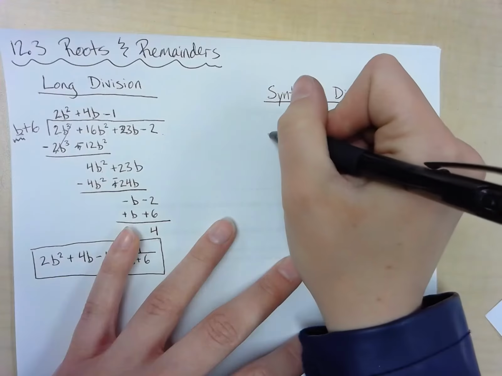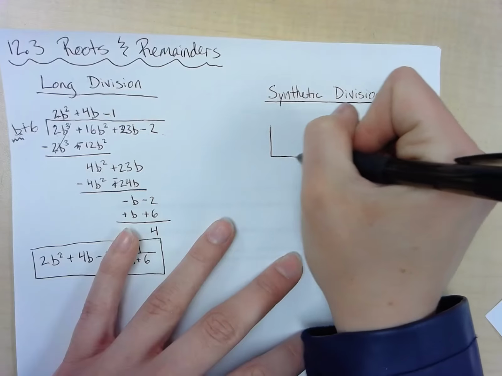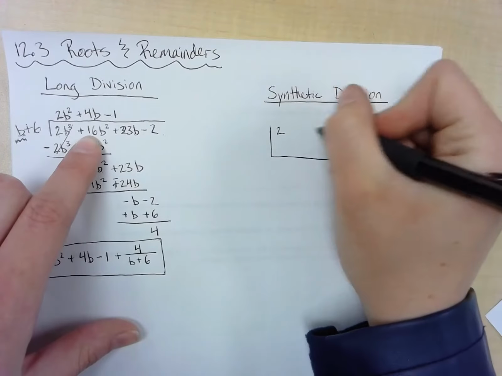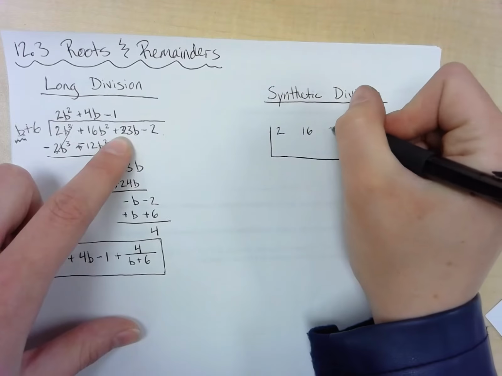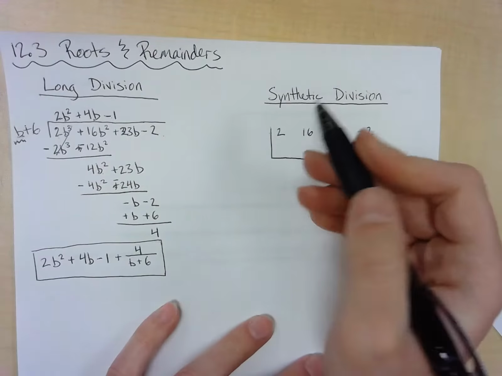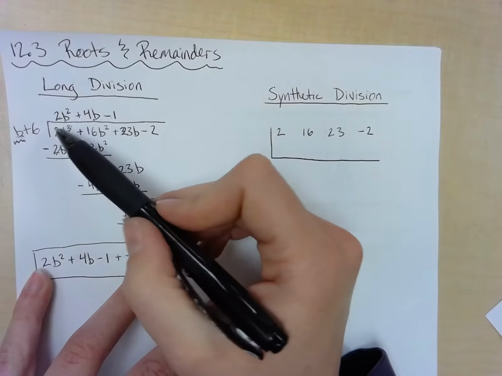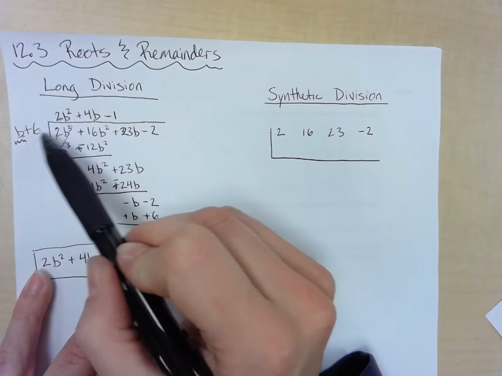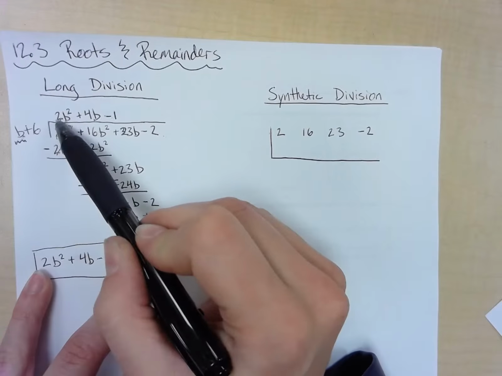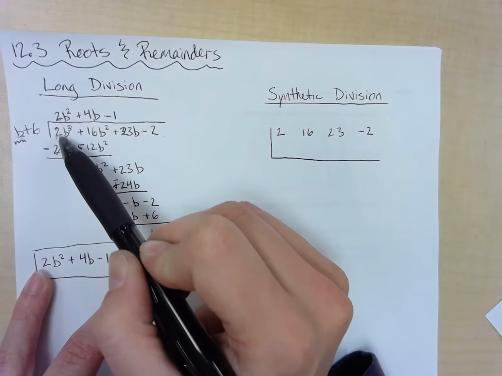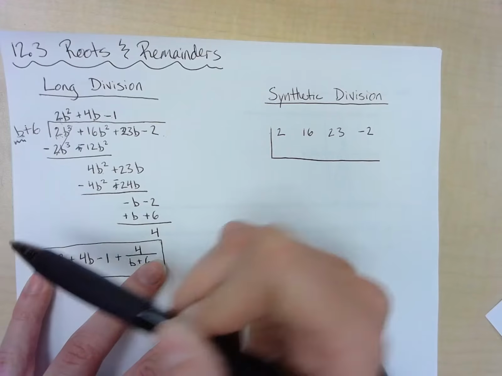The way we're going to set this up, I'll explain why in just a second. I'm just going to take the coefficients. So we have 2, 16, 23, negative 2. If we look at the pattern here, notice how this first one, because it's just divided by b, I'm not dealing with any coefficient in front. That first coefficient is going to carry through to my answer.